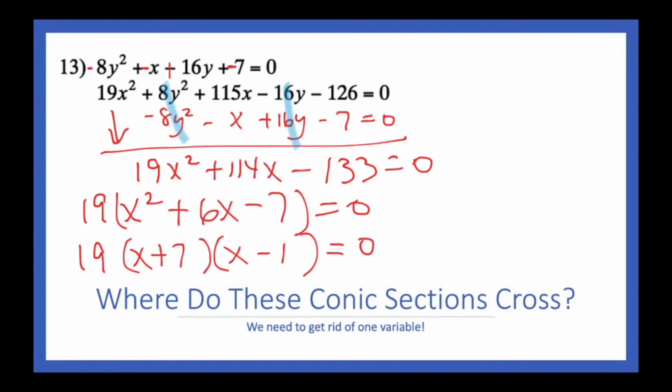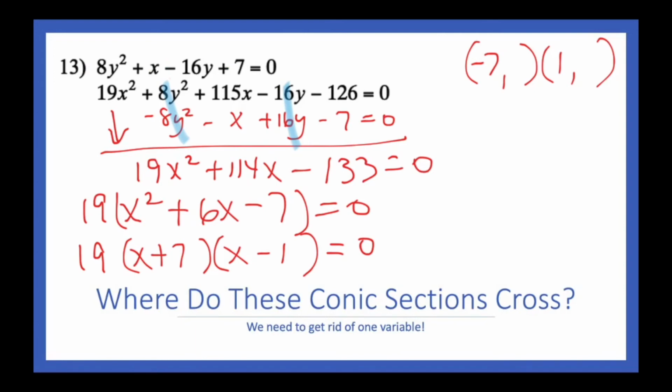That equals 0, and our zero property says that x plus 7 to be 0, x has to be equal to negative 7. And for this one, x has to be 1. So I have 2 ordered pairs this time. An x value of negative 7 and an x value of 1. We have to find this ordered pair where it crosses then.